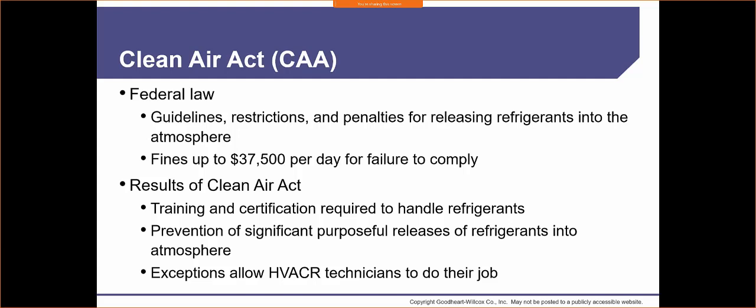Let's see. The whole purpose of having the EPA is we're going to prevent significant releases of refrigerant into the atmosphere. What does that mean? Can I not release refrigerant whatsoever? No. When we're handling refrigerant, we're going to purge our lines, we're going to bleed our lines, that sort of thing. And I'm talking about our hoses, our gauges. That's acceptable. All right.